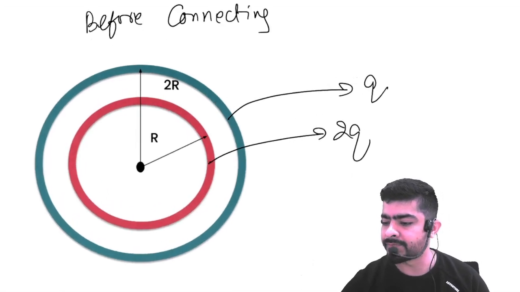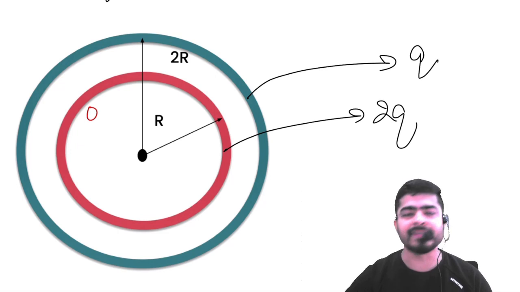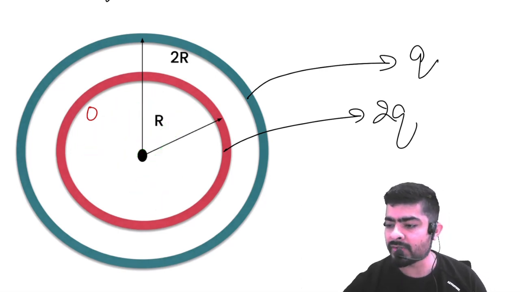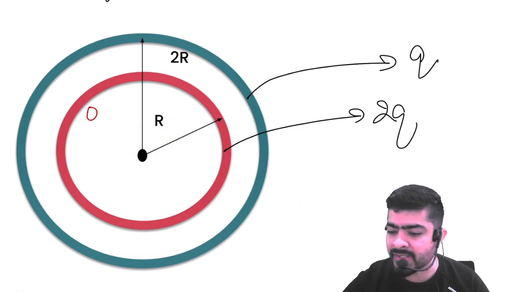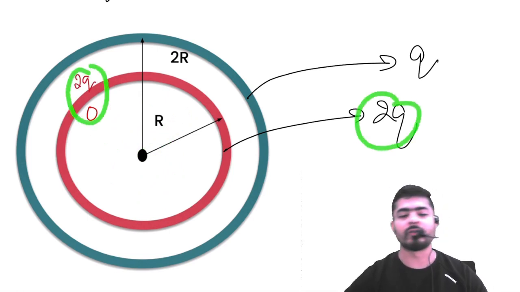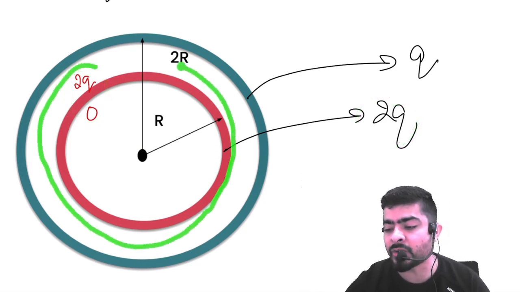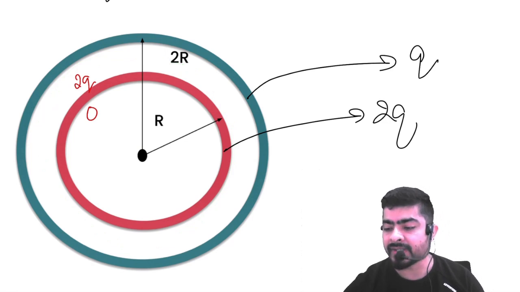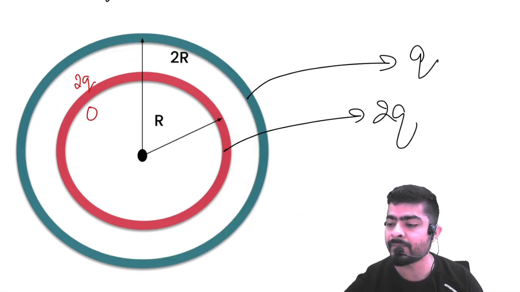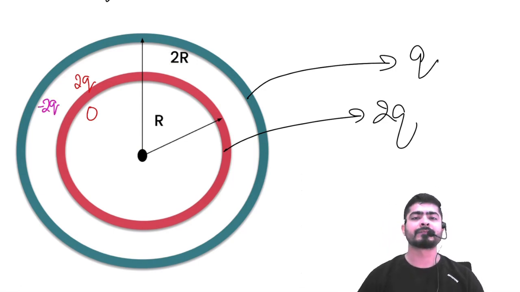So again, when you look at the charge distribution, this will be 0 because there is nothing inside this cavity. So the outer surface of the red shell will be 2q. The sum of these two will be equal to 2q. Now since we are getting a total charge 2q, the cavity surface of the outer shell will receive charge minus 2q. Is that clear?